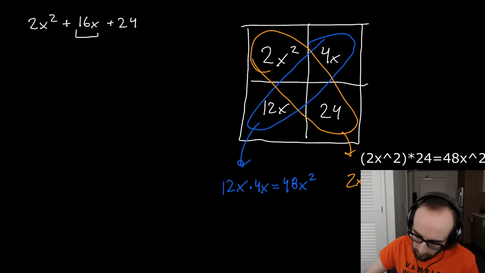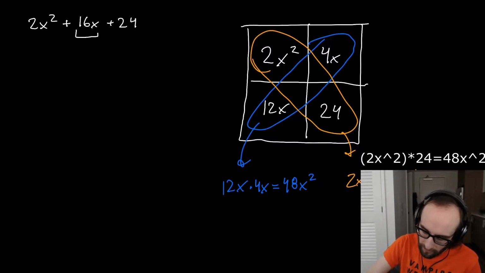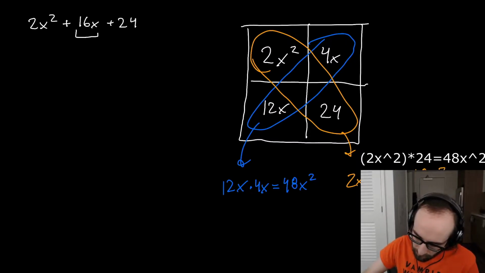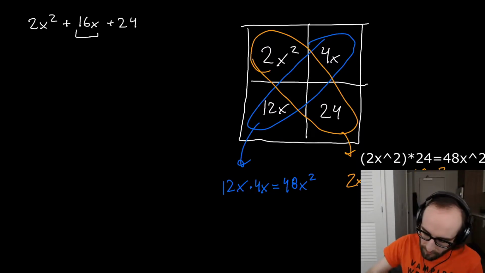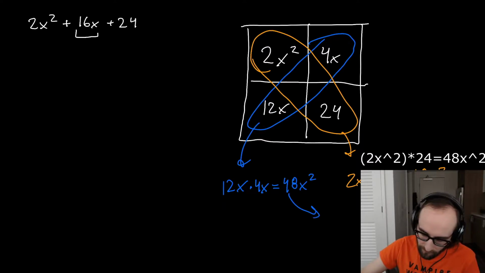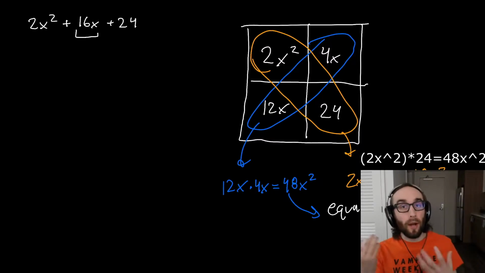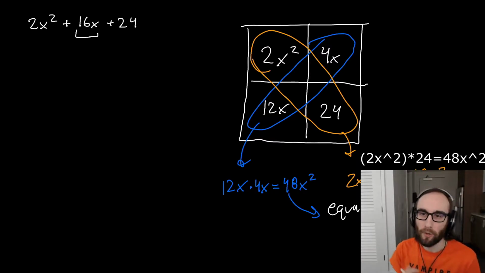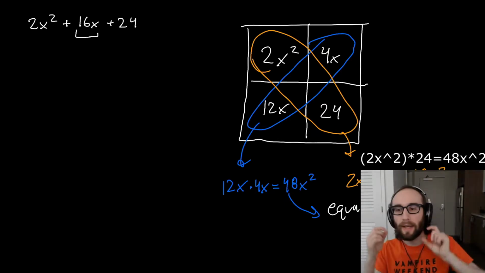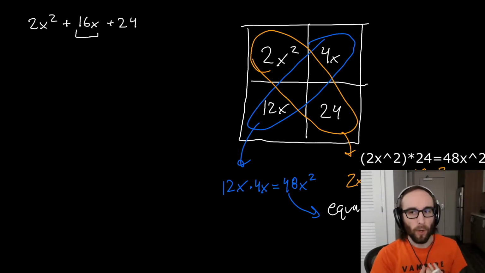Here we also get 48x squared. So our diagonals are equal to each other. In other words, the product of the diagonals is equal to each other. When we multiply the diagonals, we're always going to end up with the same exact product.